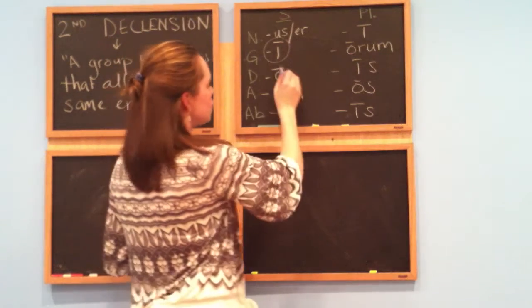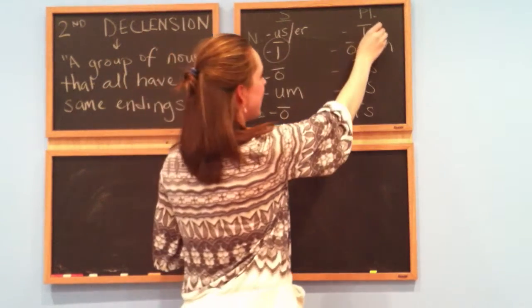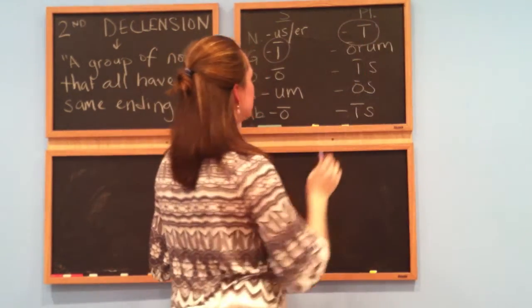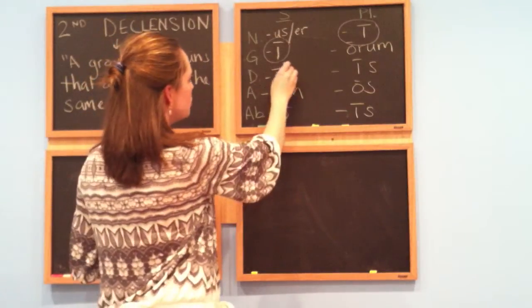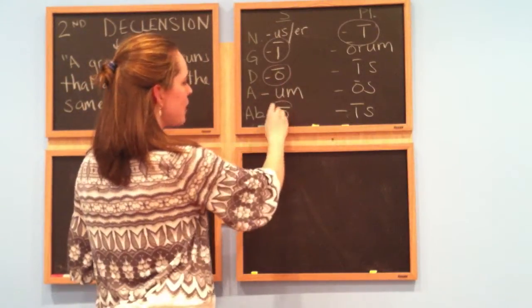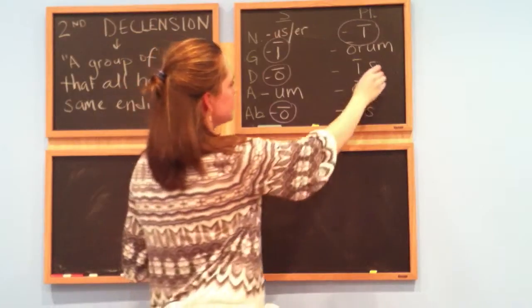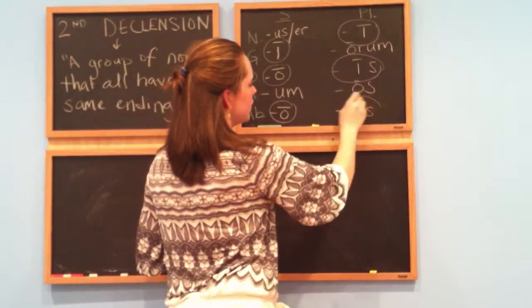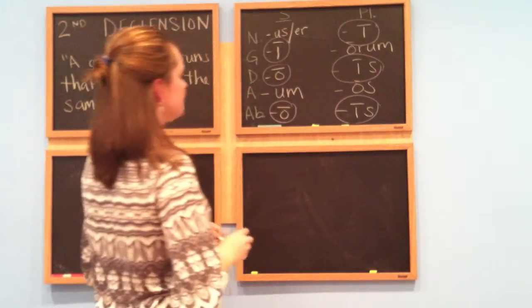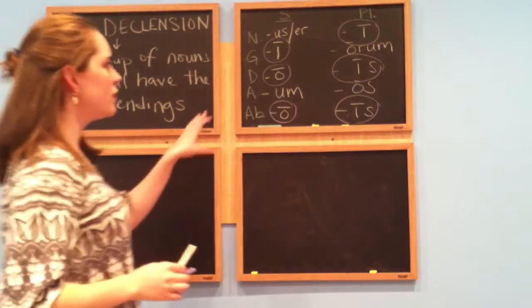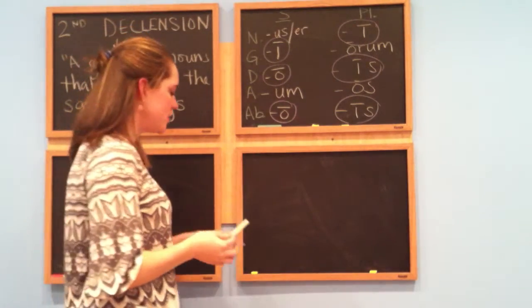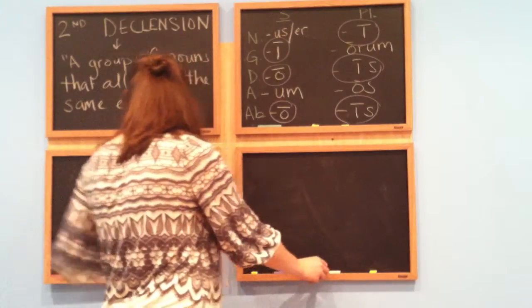I shows up in the genitive singular and the nominative plural. O shows up in the dative and ablative singulars, and obviously, as we said, IS shows up here twice. So these are the endings for our second declension masculine nouns.